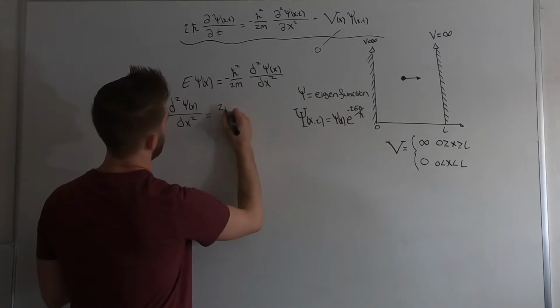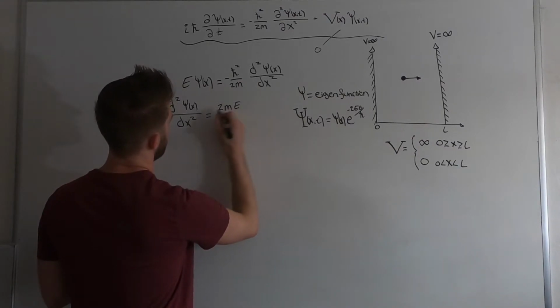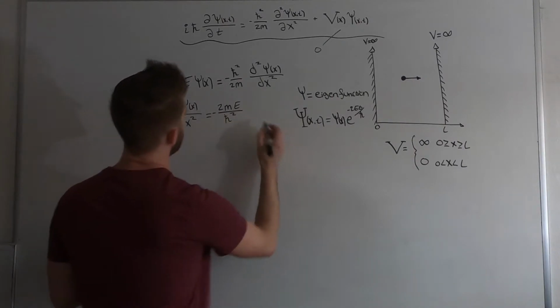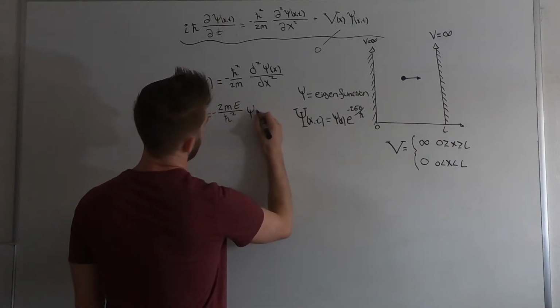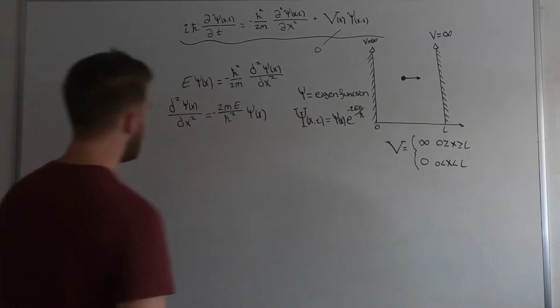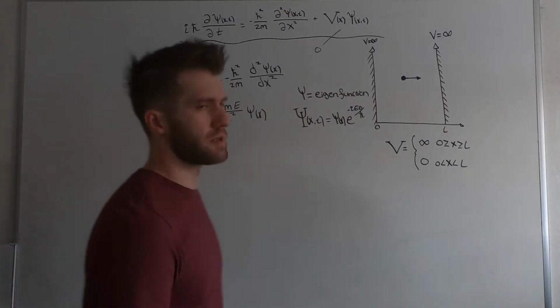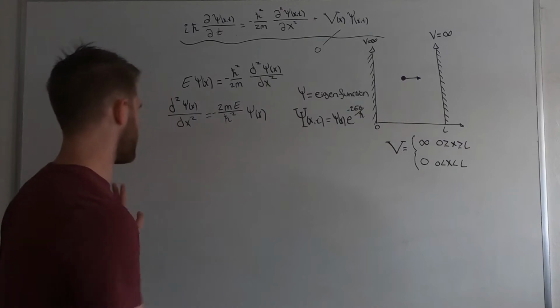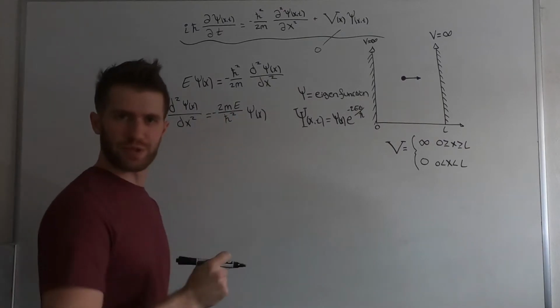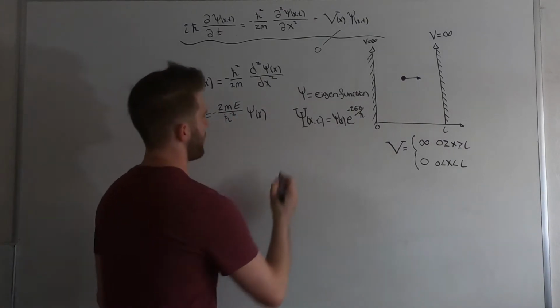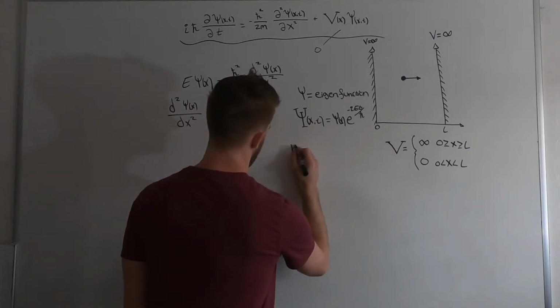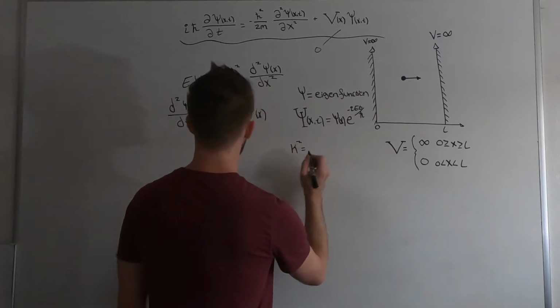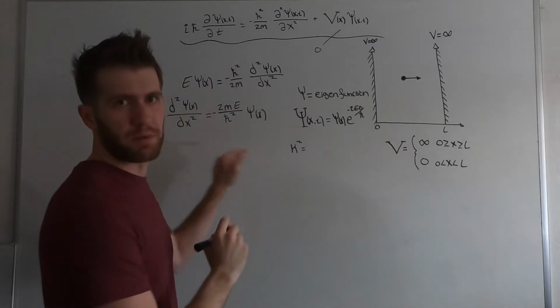2me, remember this is negative, over h bar squared times psi of x. Okay, so this looks a little crazy still, but we're going to make a substitution here. We're going to say that k squared is equal to 2me over h bar squared.